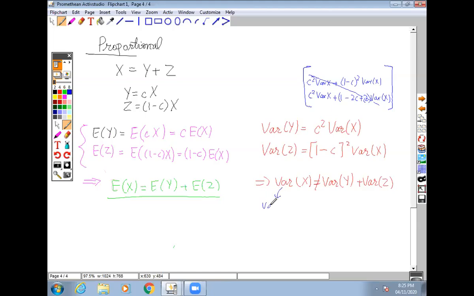You substitute instead of x, you write y plus z. And then you figure out the variance of y plus variance of z, and there will be 2 times covariance of y and z, and this thing will not be equal to 0. Yes, that is absolutely the reason why, and that is mathematically explaining this.